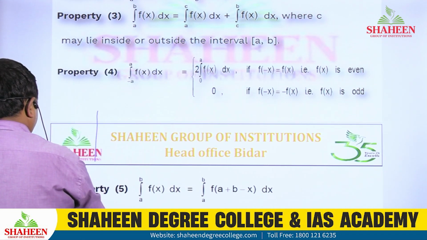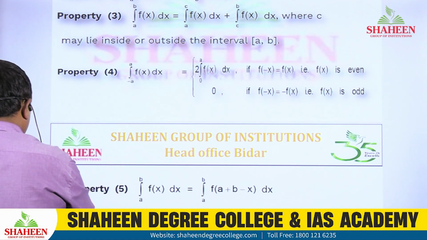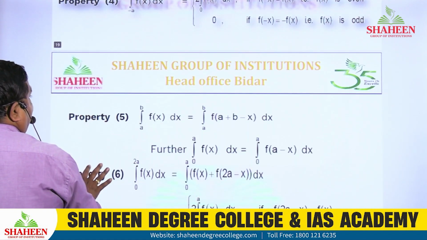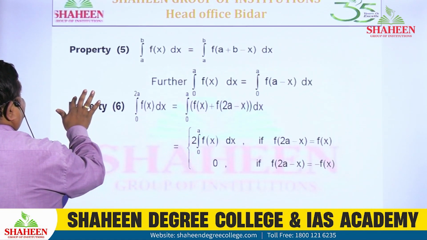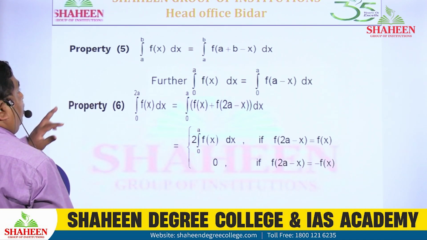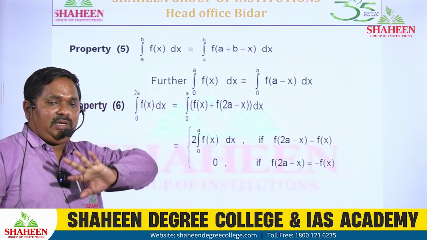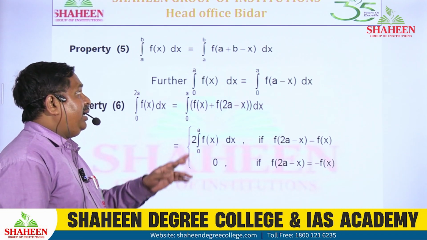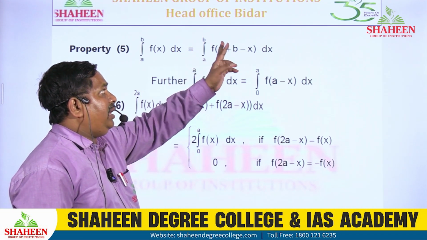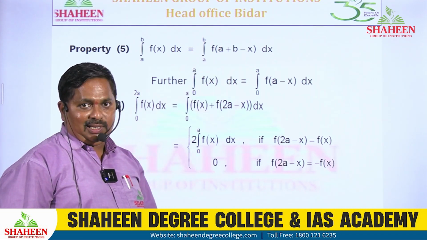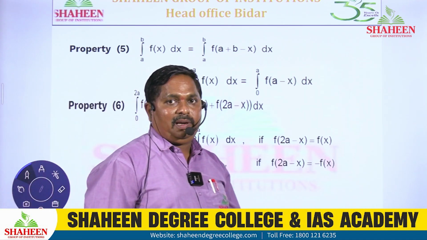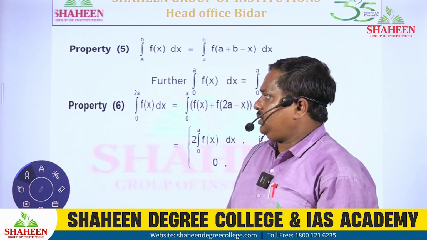Next, we have one more property: the integration from a to b of f of x dx can be written as the integral from a to b of f of a plus b minus x dx.